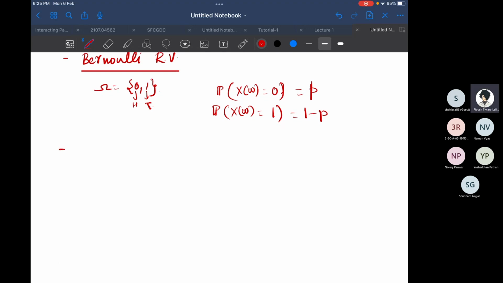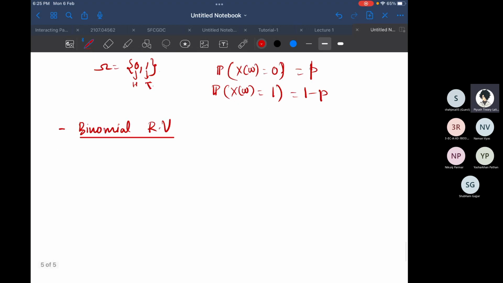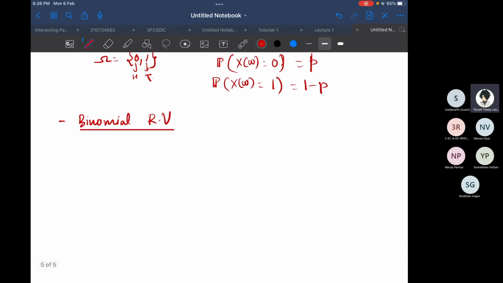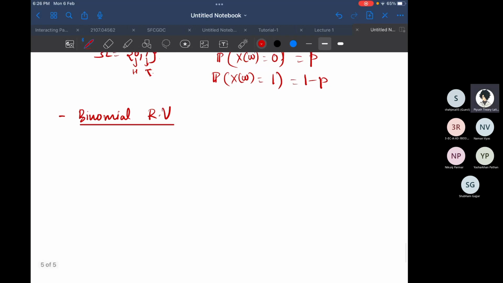Another common random variable is the binomial random variable. What is the binomial random variable? It is defined as follows.